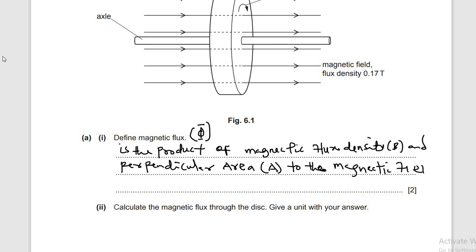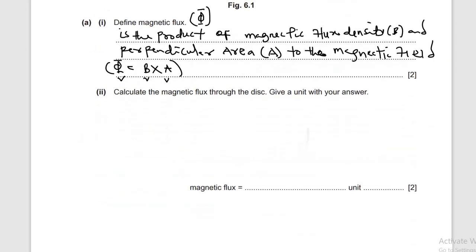So the formula is magnetic flux equals B times A. I've explained the definition, with magnetic flux, flux density, and area. You get 2 marks. Next question.